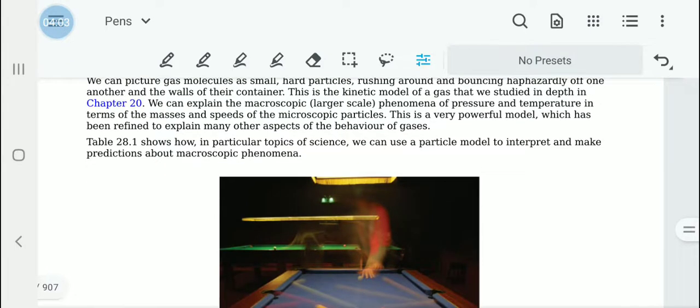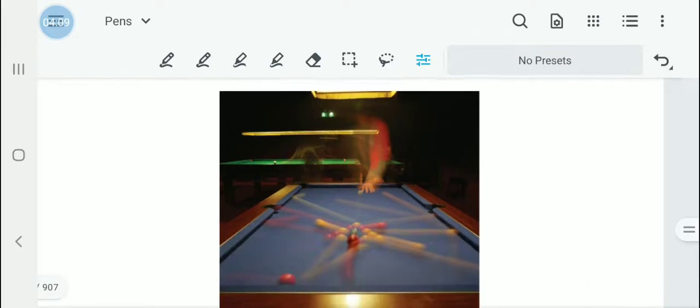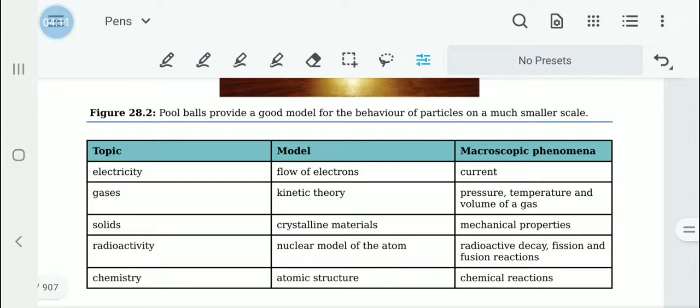As a result, we can develop many theories based on these models. For electricity, the model is the flow of electrons, and the macroscopic phenomenon is the flow of current. For gases, we have the kinetic theory, and the macroscopic phenomena that we can explain using that are pressure, temperature and volume of a gas.